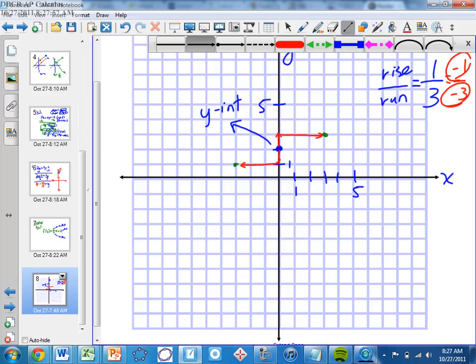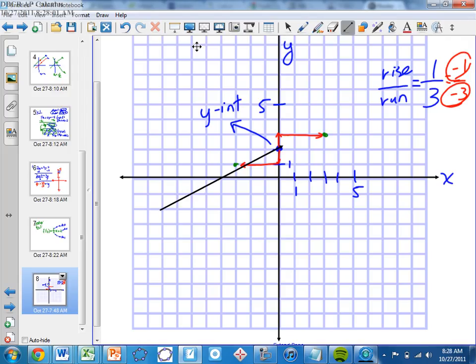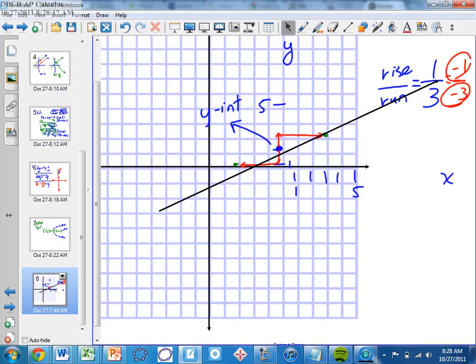Let's grab the end of this line. Oh, we want to tilt this. Uh-oh. Sorry, guys. Hold on.